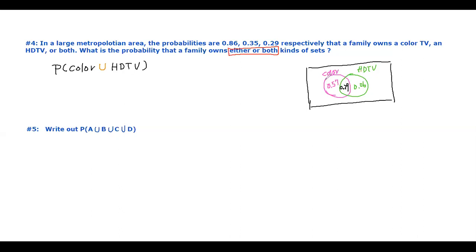So that's basically these two circles. So you can say this is 0.57 plus 0.29 plus 0.06, right? By using the Venn diagram, you will see this is 0.92. Or you can say, hey, I want to use the addition rule. Let's find this union, right?